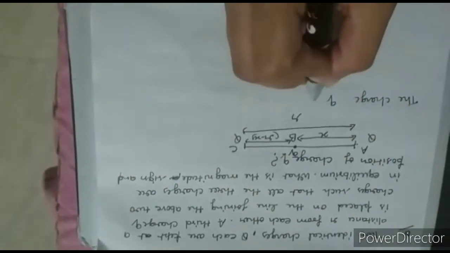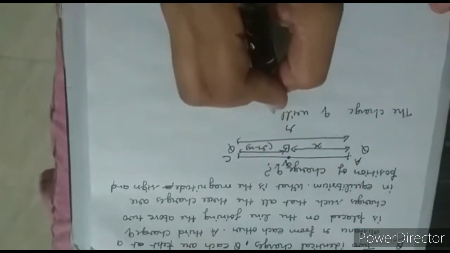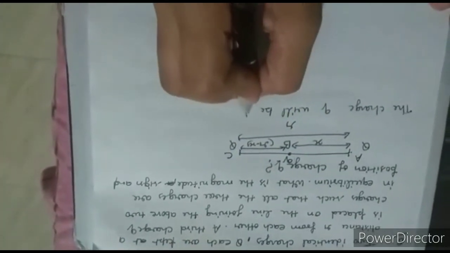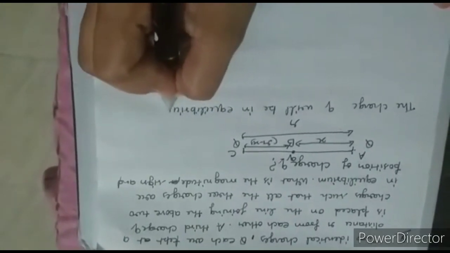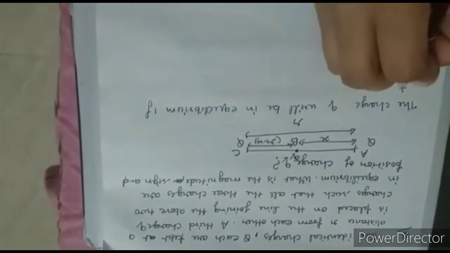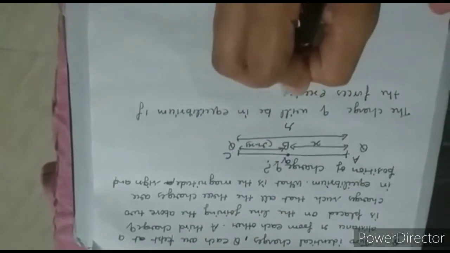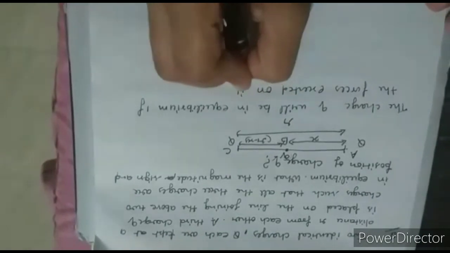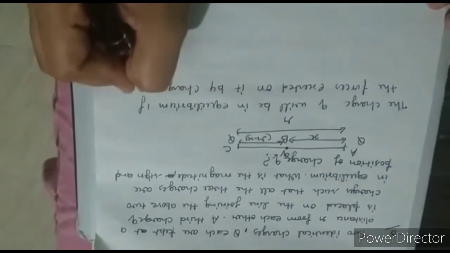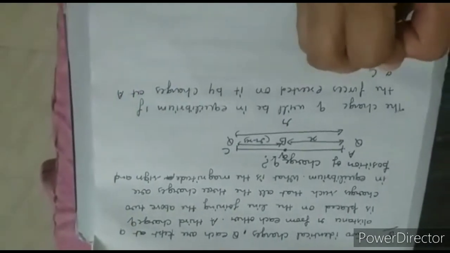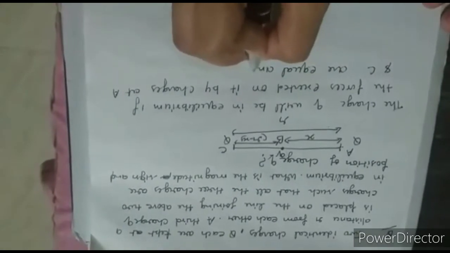The charge q at point B will be in equilibrium if the forces exerted on it by the charges at A and C are equal and opposite.